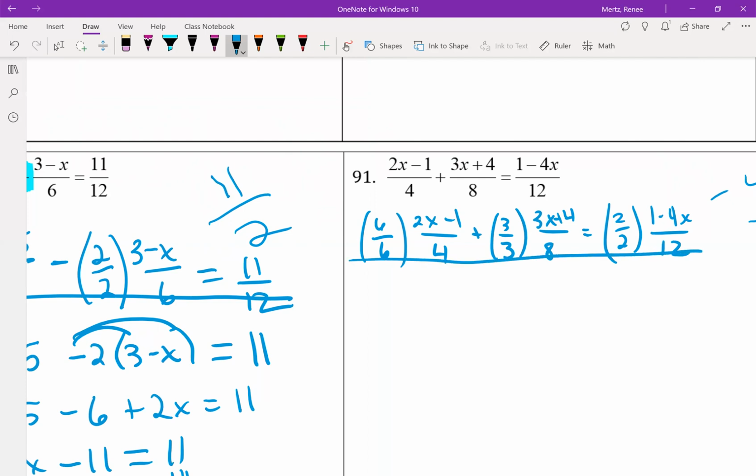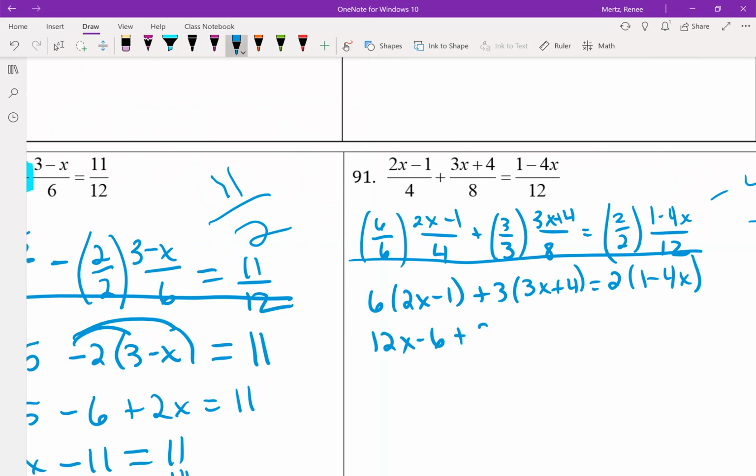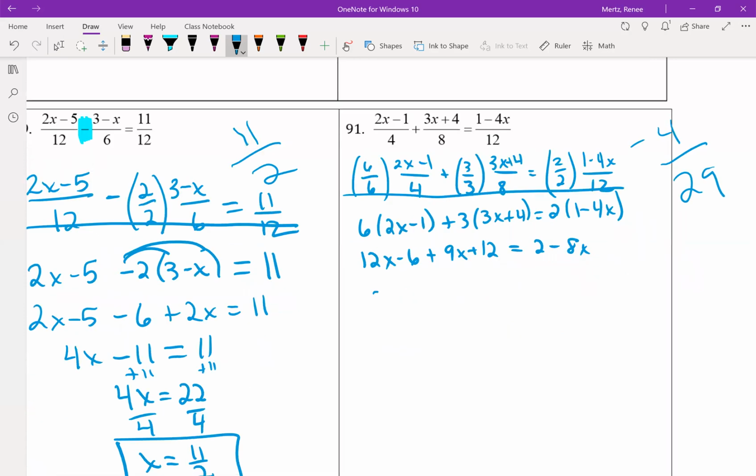I have 6 times 2x minus 1 plus 3 times 3x plus 4 equals 2 times 1 minus 4x. So 12x minus 6 plus 9x plus 12 equals 2 minus 8x. Combine my terms. I get 21x plus 6 equals 2 minus 8x.